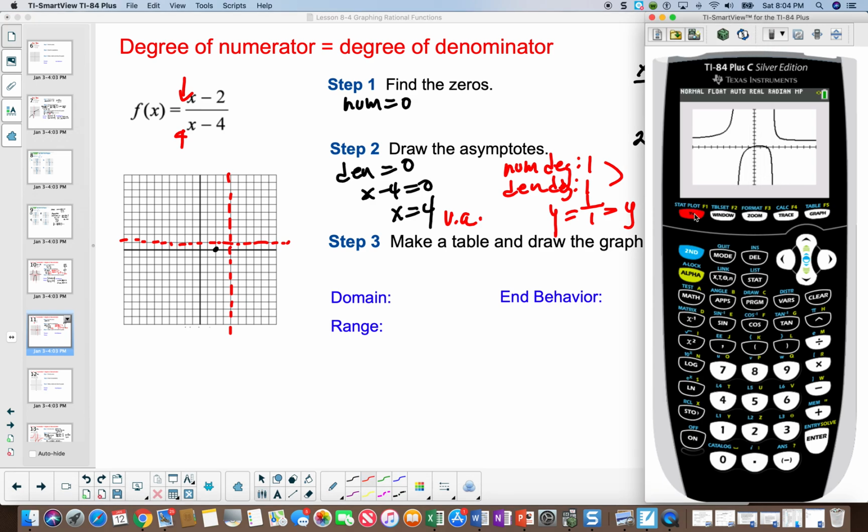So we're going to go to y equals, and then I'm going to go down 1 and go ahead and graph.